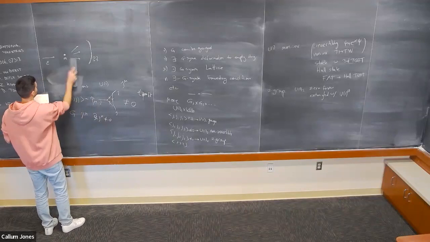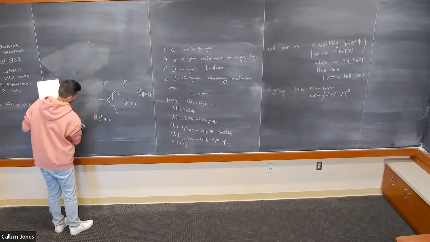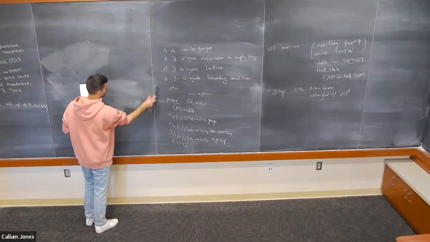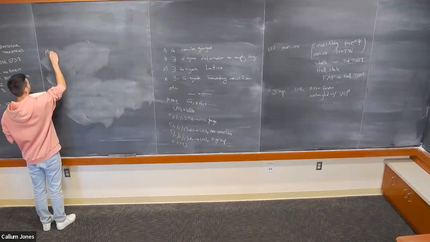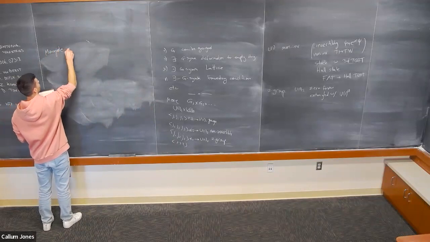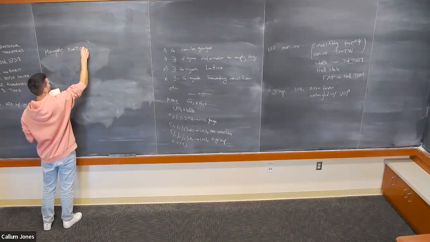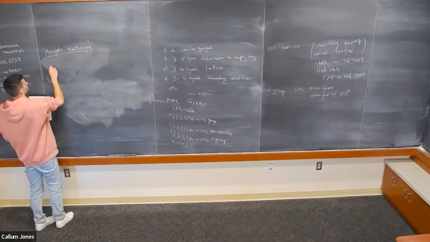Okay. And so with these ideas in mind, now we're going to move on to the main topic, which is that of monopole scattering. Okay. And so the motivation is going to be twofold.